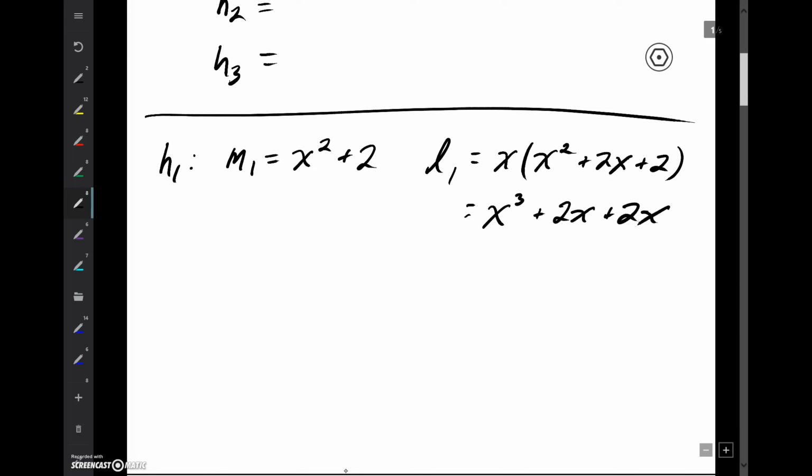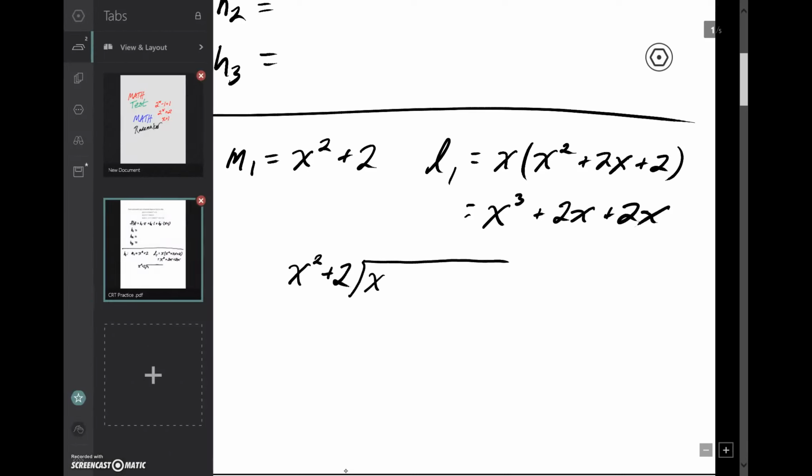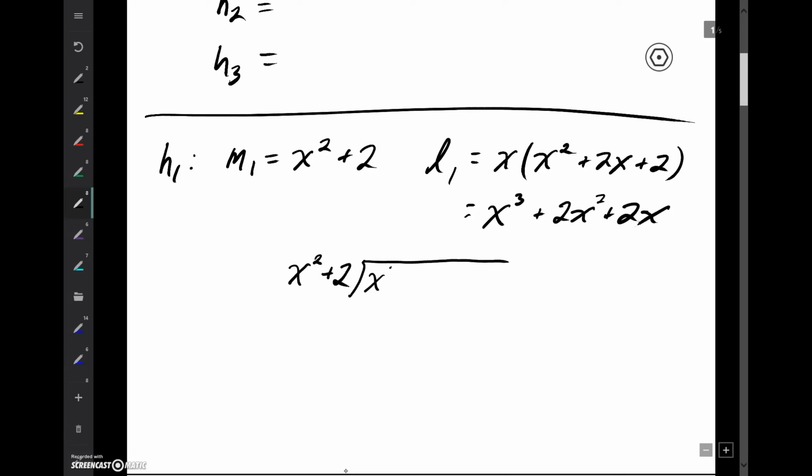Now for some of these you could just look at it, right? But this one's not too intuitive, so I'm just going to divide. I'm going to take the x squared plus 2, which is our m1, and divide it into x cubed plus 2x squared plus 2x.